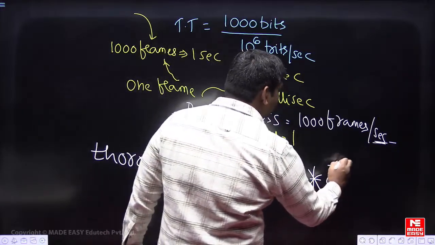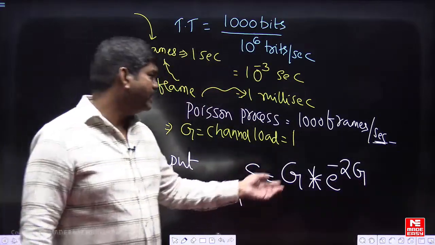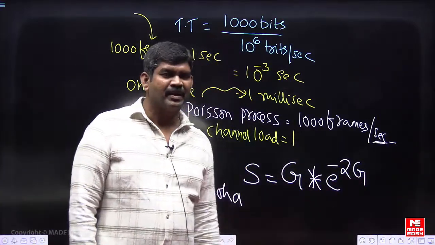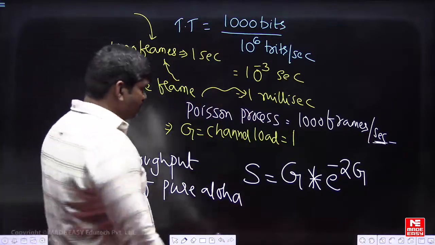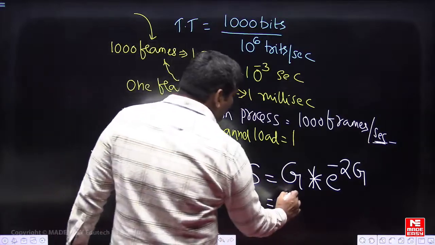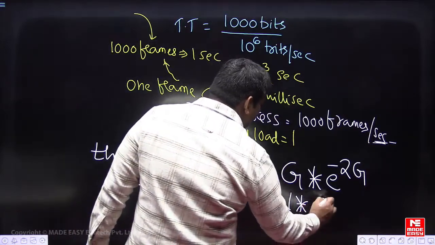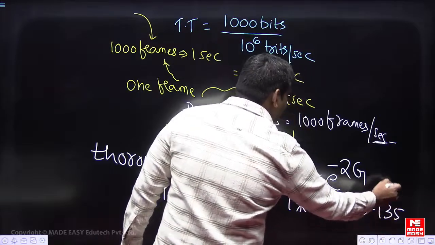This is G into e power minus 2G, since the protocol is pure Aloha. If they ask for slotted Aloha, it is G into e power minus G, because the vulnerable time is reduced to half. Now you already know the G value is 1, so substitute here: 1 into e power minus 2. So 0.135 is the throughput.